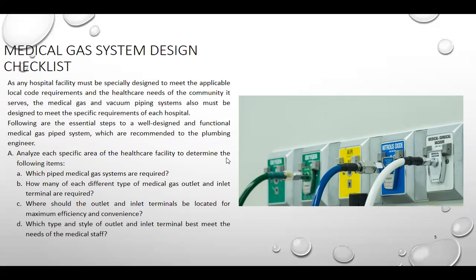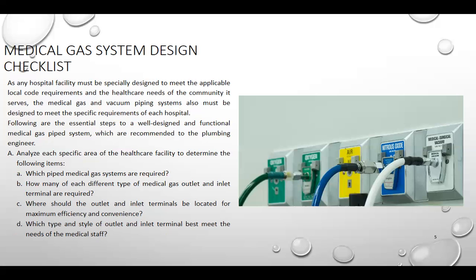So following are the essential area of the healthcare facility. To determine, analyze a specific area of the healthcare facility to determine the following items.